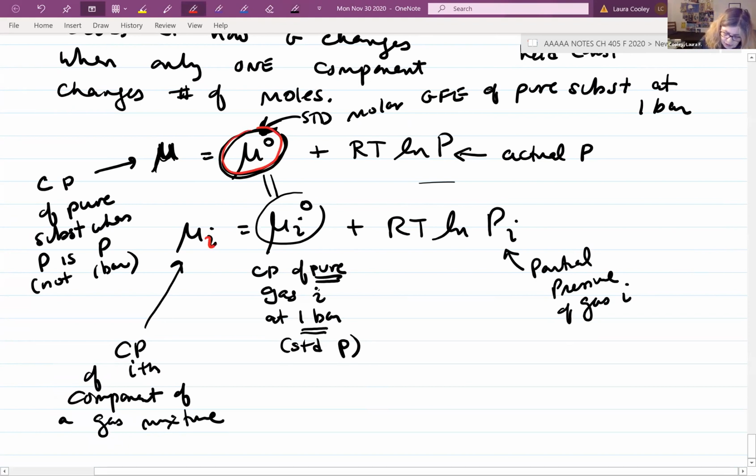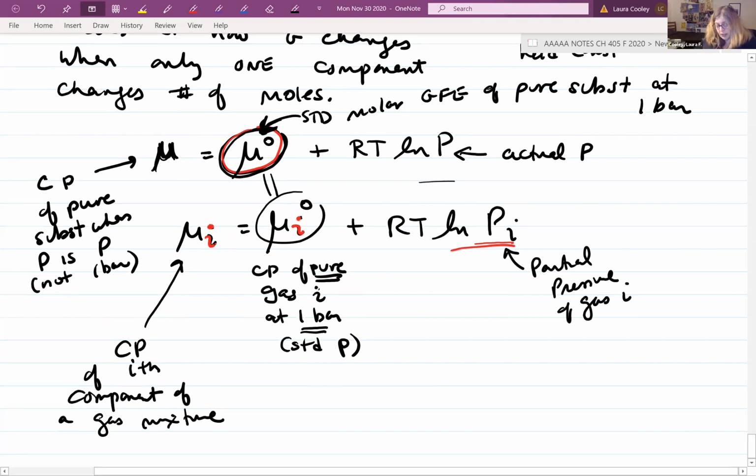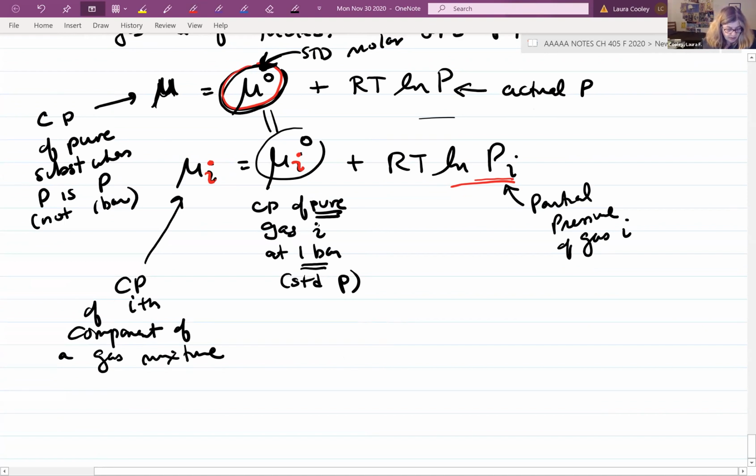Now we're taking the chemical potential of the ith component of a mixture, relating it to, again, the standard chemical potential when that thing is pure at 1 bar. But now the correction has to do with the partial pressure of that component, because it recognizes that there are other components in the mixture which will have their own partial pressures. So this is sort of an important starting point for how we chemists deal with mixtures.